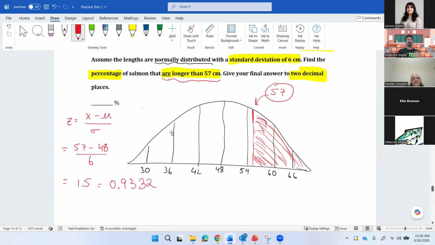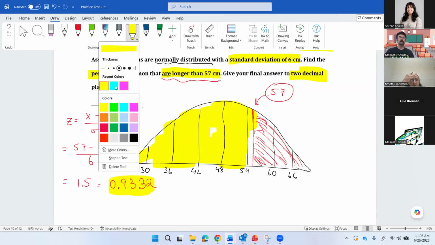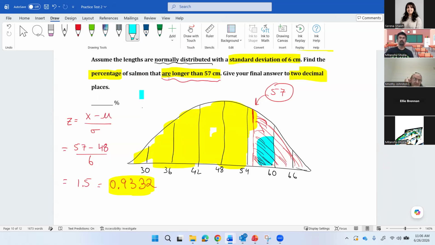Okay, so what does this mean? This means that all of this area to the left of our number is equal to this number. But I don't want that information. They're not asking for that information. They're asking for the area to the right of that number. Well, I've got to know that all of this adds up to one, as in 100%.